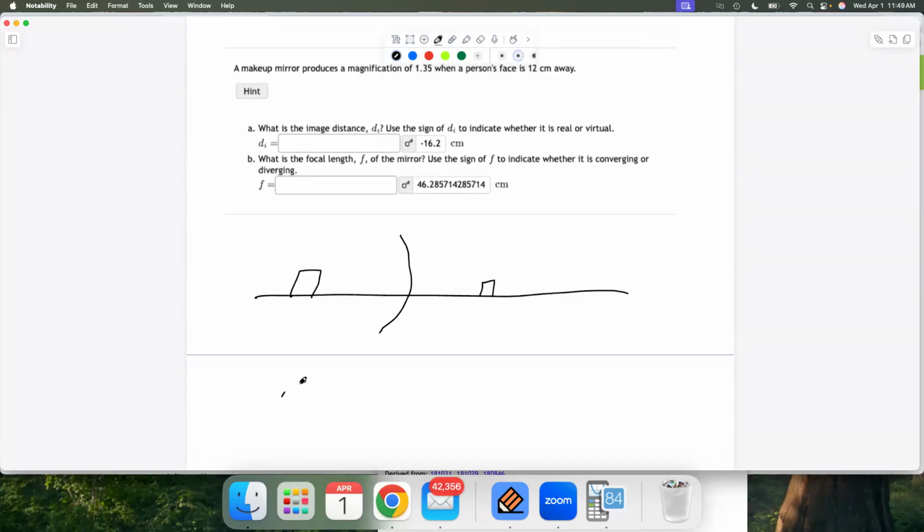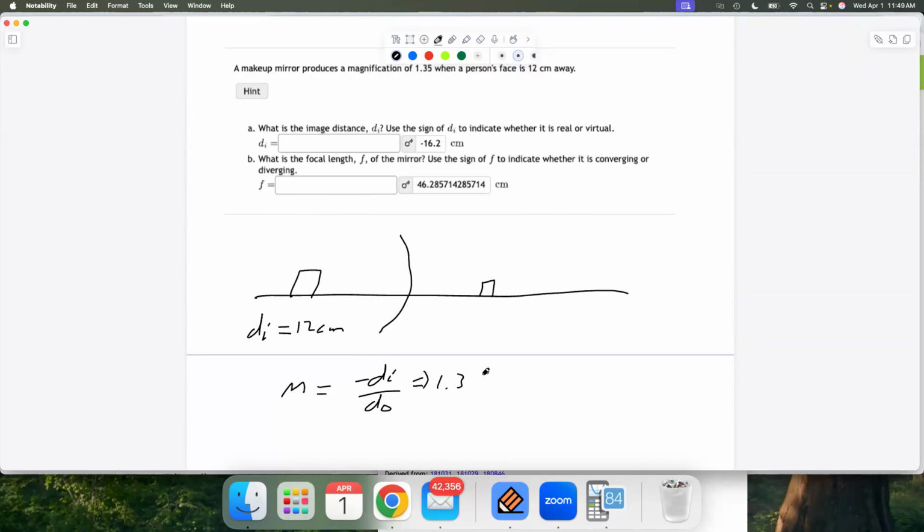What we do know is that the magnification is the opposite of di over do. So do, the distance between the object and the mirror, is 12 centimeters, and the magnification m is 1.35.